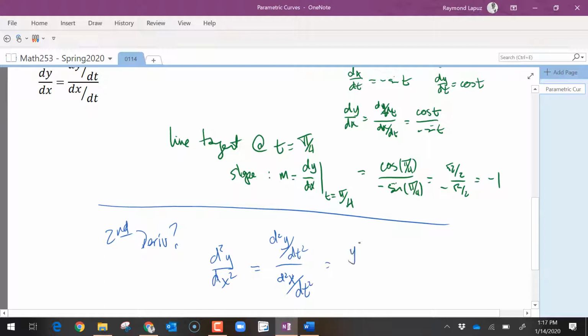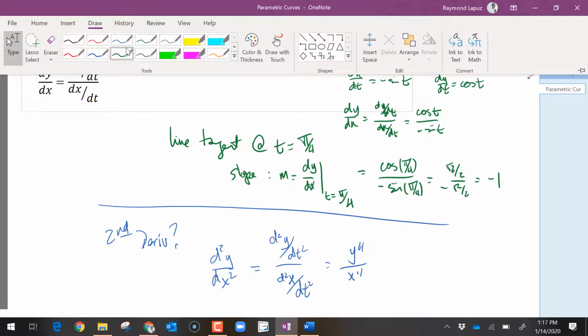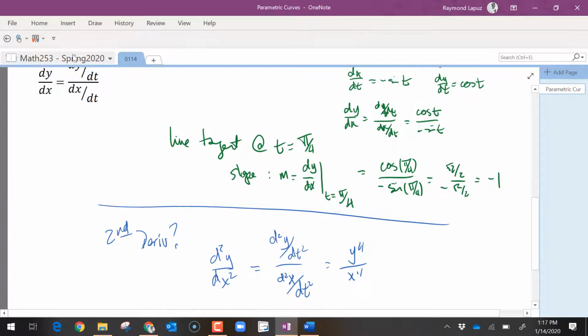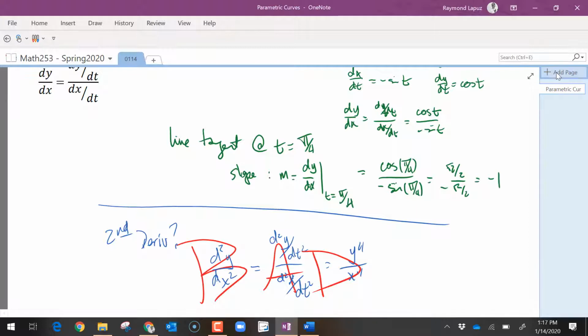That's just y double prime divided by x double prime. Are you guys writing this down? If you are writing it down, take out your red pen and say this is bad. That's not it. Doesn't work like that. So let's figure out what to do.